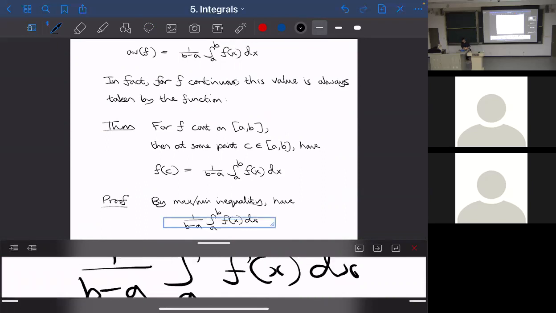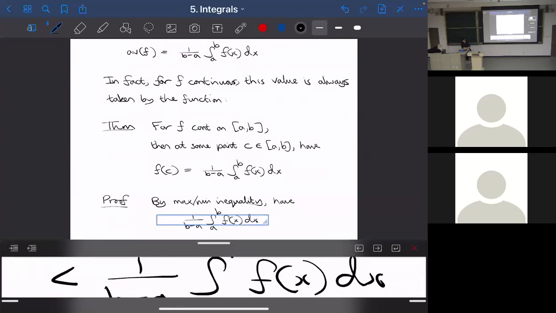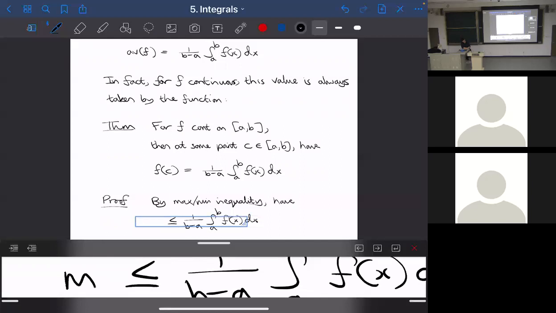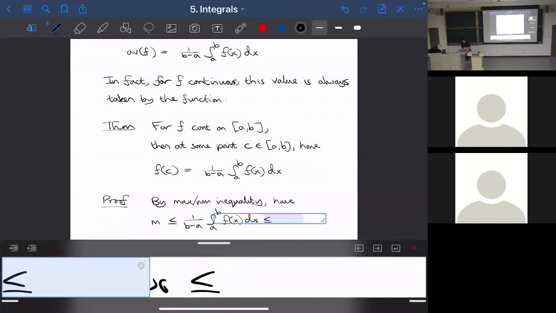So we can divide through by that factor and get this. So that's actually saying something quite obvious, intuitively, that the average value is between the minimum and the maximum.